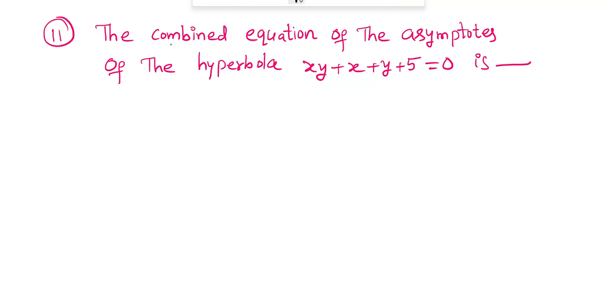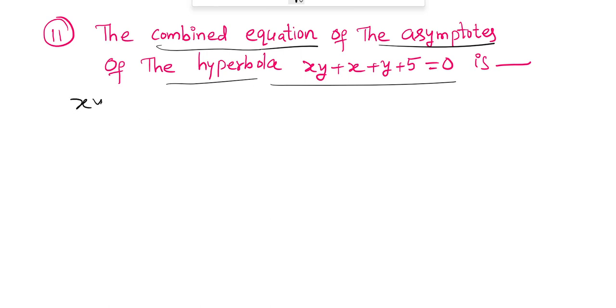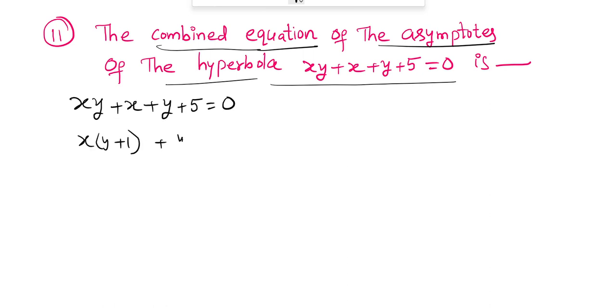The combined equation of the asymptotes of the hyperbola xy plus x plus y plus 5 is equal to 0. Here the given hyperbola is xy plus x plus y plus 5 is equal to 0. Here take x common: x into y plus 1, plus y plus 1 plus 4 is equal to 0.